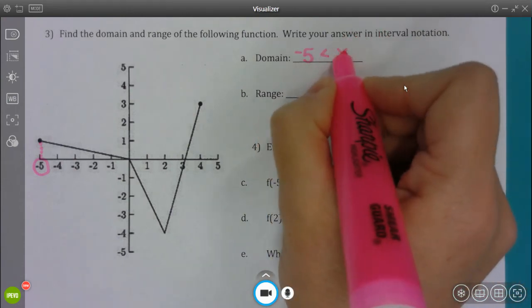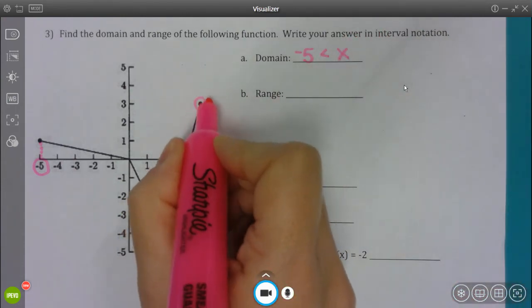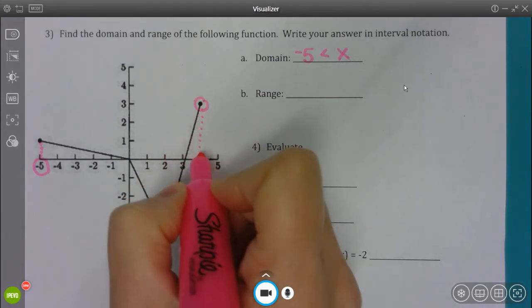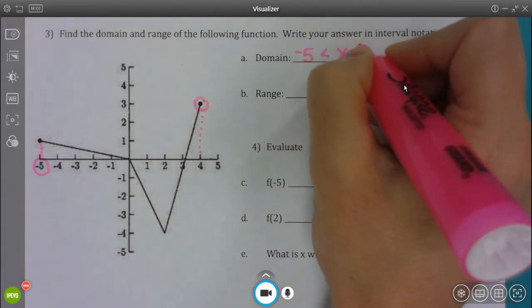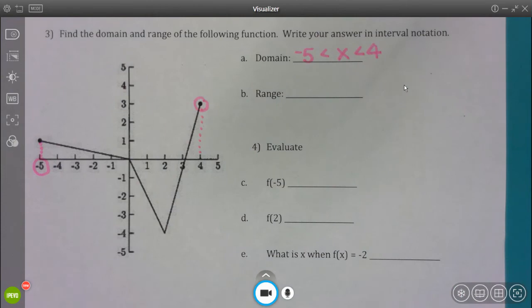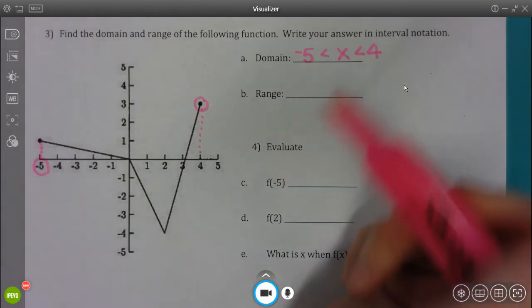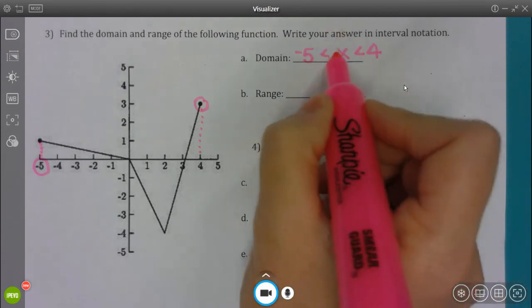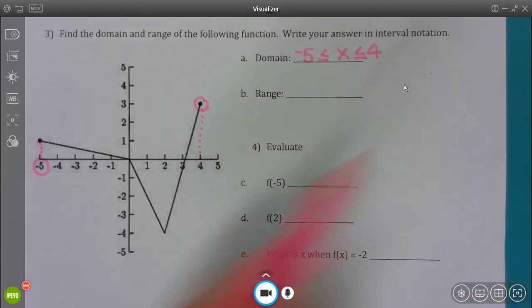These are all x values. I'm going to go to my far right point, which is at x equals 4. And since those are not arrows and they're actual coordinates, I don't have infinities, and these will have equal to's.